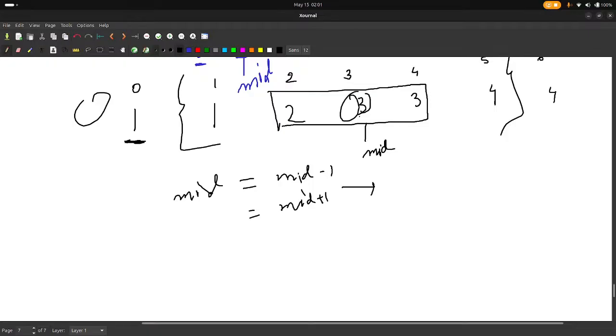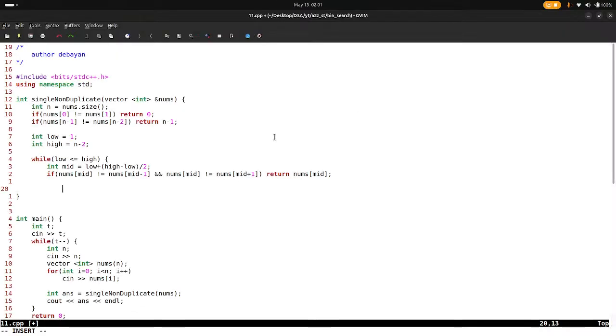Now if mid and 2 equal to 0, and also nums of mid is not equal to nums of mid minus 1, or mid and 1 equal to 1, and nums of mid is not equal to nums of mid plus 1.